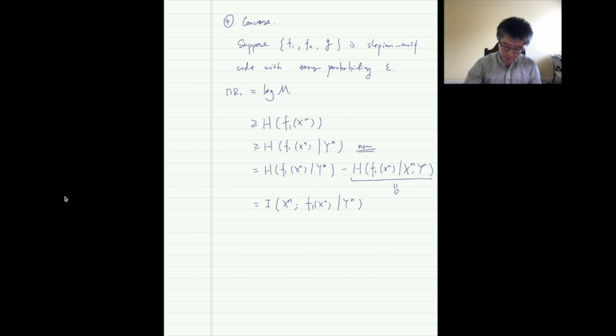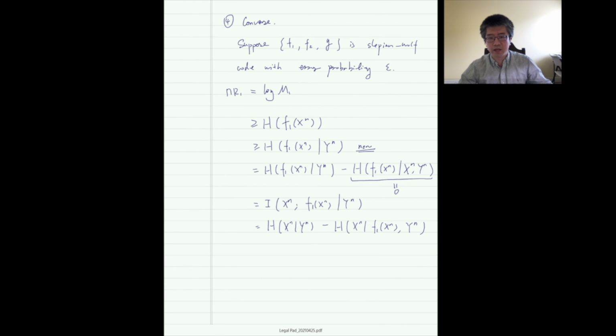Okay, next step is to write this mutual information in another way, which is H(X^n given Y^n) minus H(X^n given f1(X^n) and Y^n). Okay, very good. And we're almost done, right?